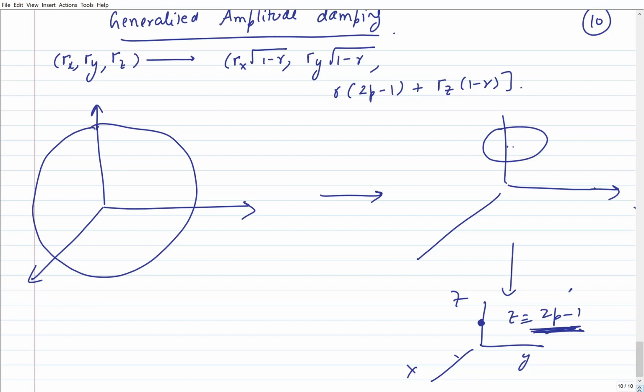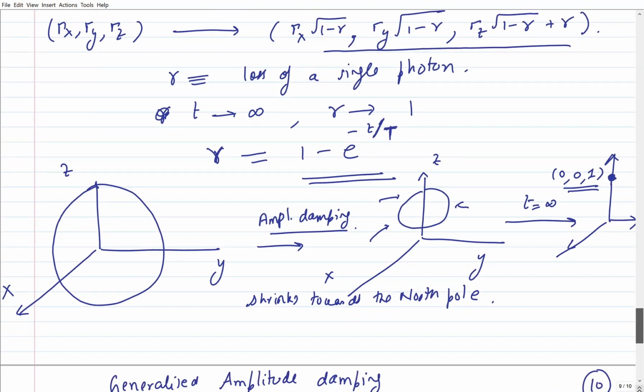So amplitude damping was an example of energy dissipation, as you saw. It not only was shrinking the Bloch sphere in this direction, it was also shifting the Bloch sphere, contracting it across the North Pole. So that ultimately, in the amplitude damping channel, I reached the ground state, or I lost all the energy of the system basically.